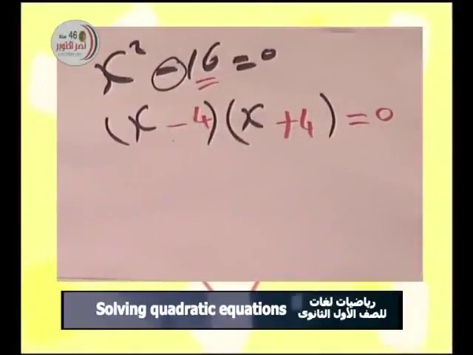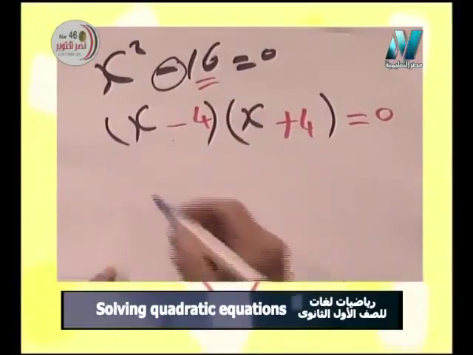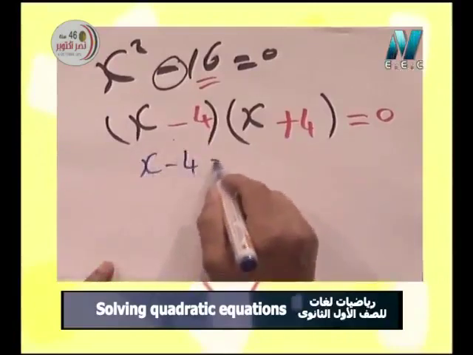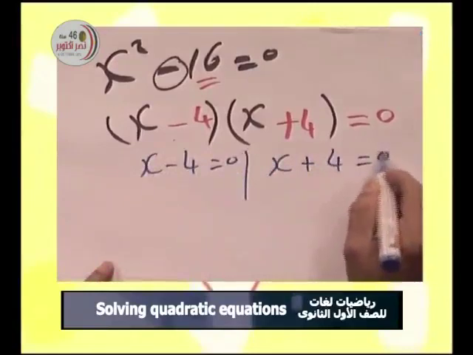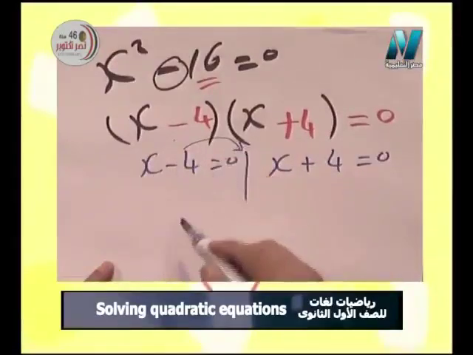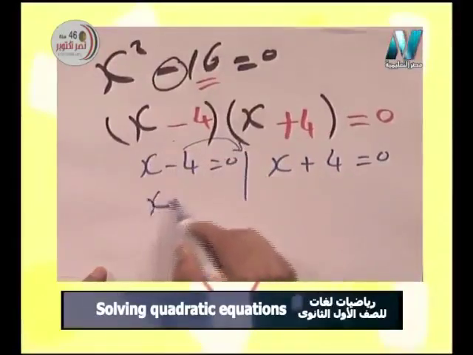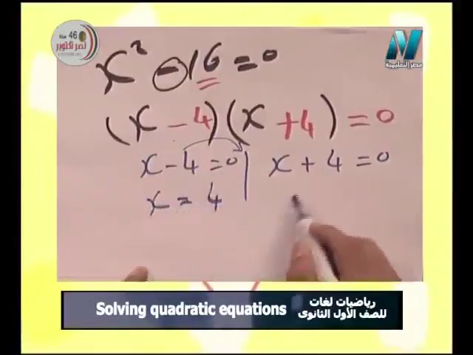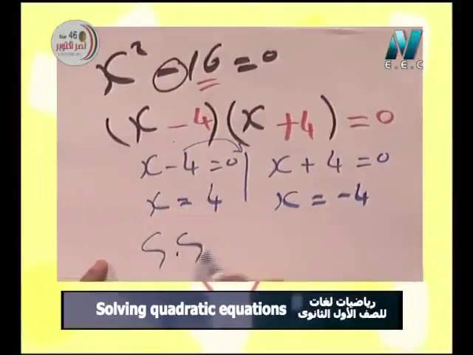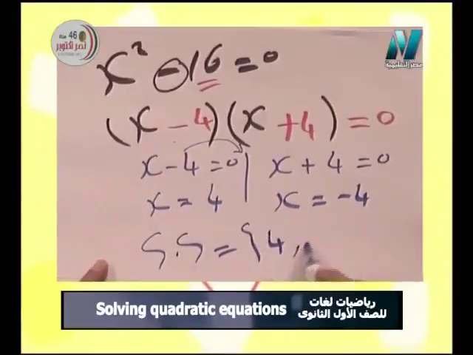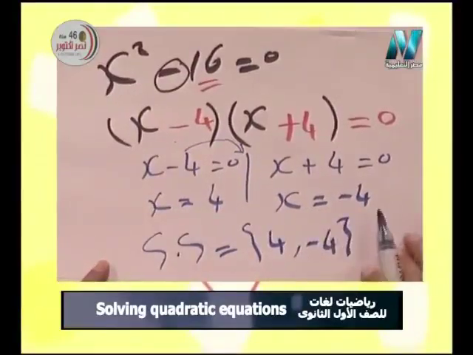That means x minus 4 equals 0 and x plus 4 equals 0. So we transfer negative 4 here, x will be 4, and here x will be negative 4. So the solution set in R equals 4 and negative 4. You can use the formula also.